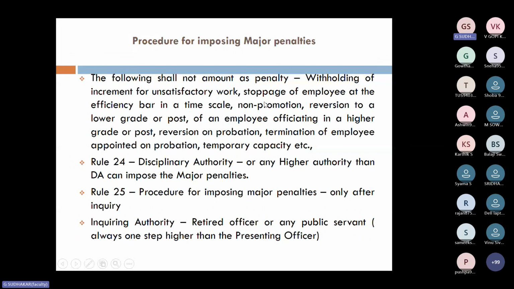These are all normal terms and conditions of the appointment order. They will give reversion on probation, termination of employee appointed on probation. Whether these are penalties? No, these are neither a minor penalty nor a major penalty. So this will be excluded from the penalty list.